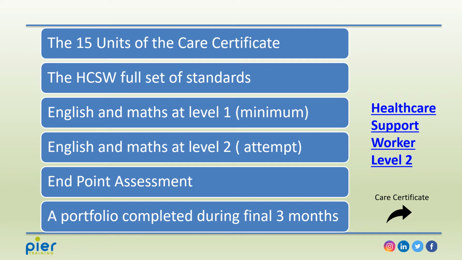However, you may well have a GCSE or an A-level or an O-level that may cover you at level 2 also. The apprenticeship indicates that you must attempt the level 2 Maths and English. You don't necessarily have to pass, however it's in your interest to attempt to pass.